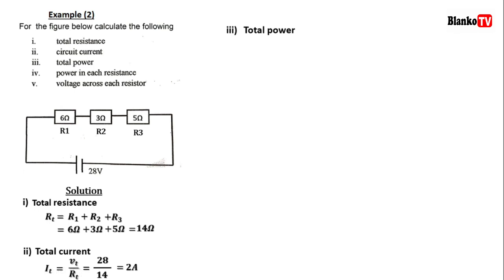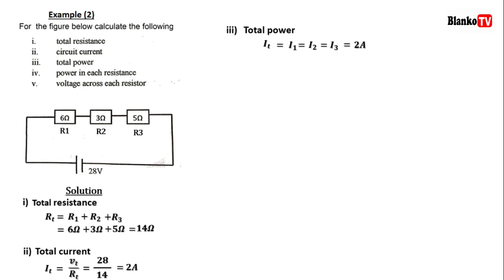So IT, the supply current, is equal to I1, equal to I2, equal to I3, which is equal to 2 amps.